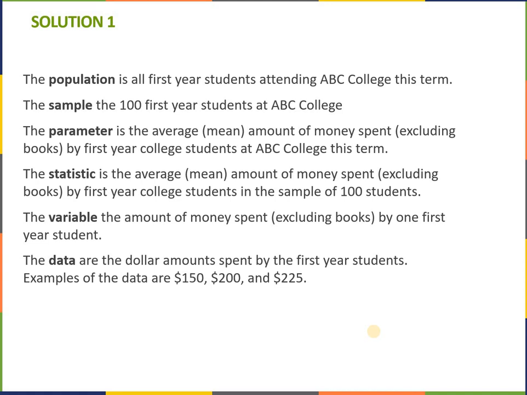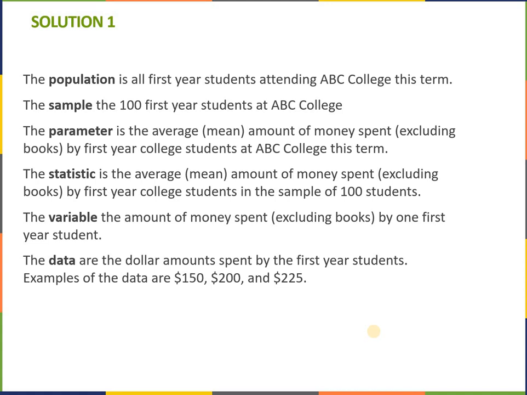The statistic is basically the average mean amount of money spent, excluding books, by first-year students in the sample of 100 students that we chose. So that is the difference between parameter and statistic. Parameter is computed from the entire population. Statistic is computed from the sample.